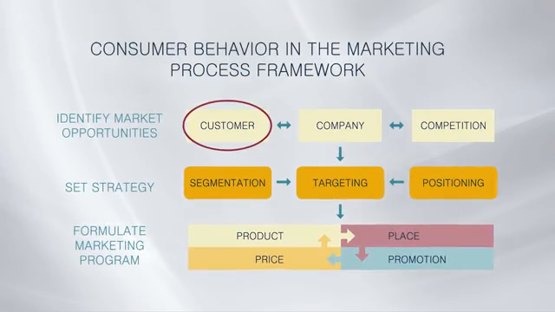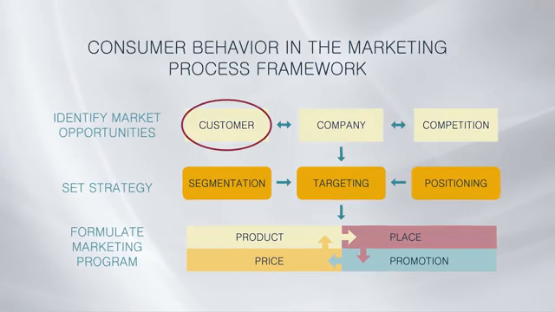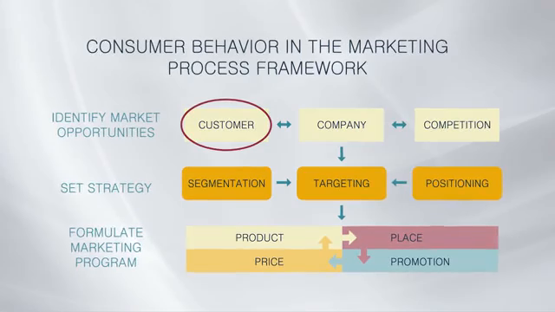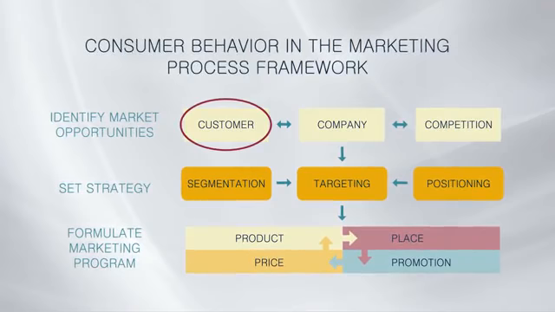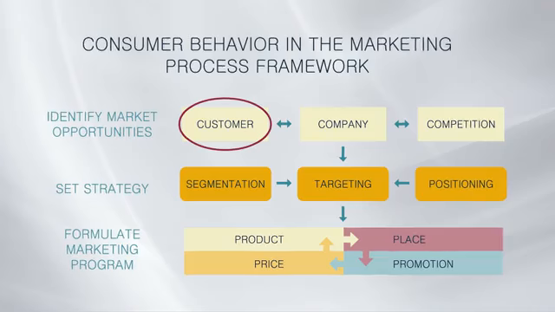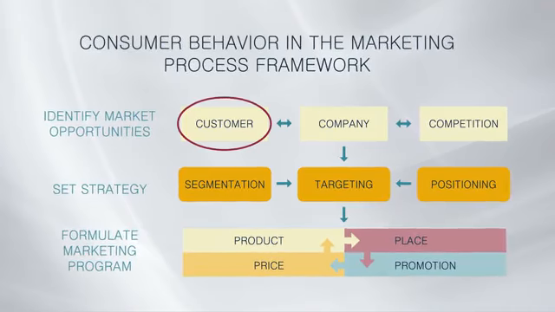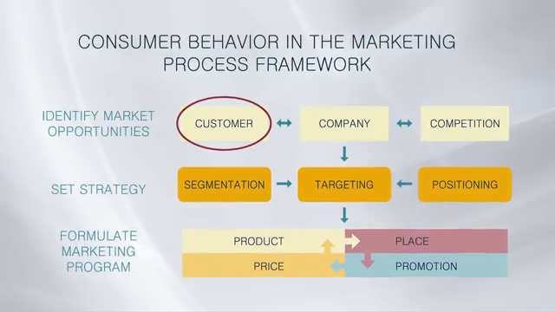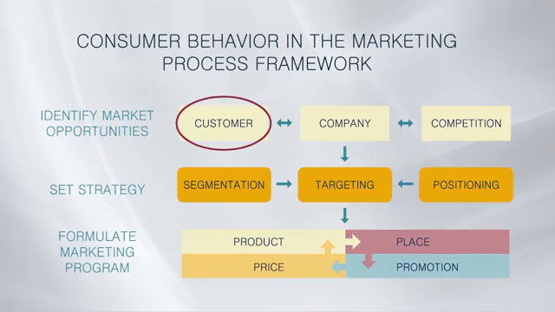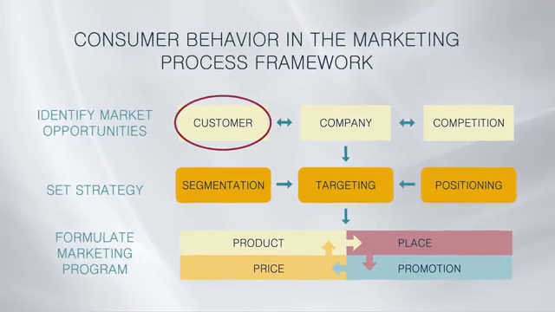In the first step, identifying marketing opportunities, consumer behavior immediately comes in, because this is where the company tries to look at who your customers are, what the company looks like internally, and what the competition is. Immediately afterwards, the marketing research part looks into these three aspects much more deeply.